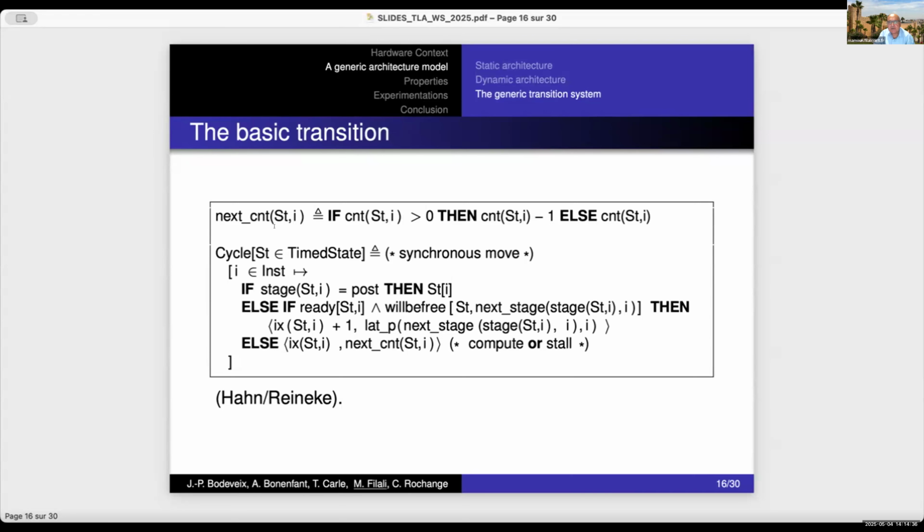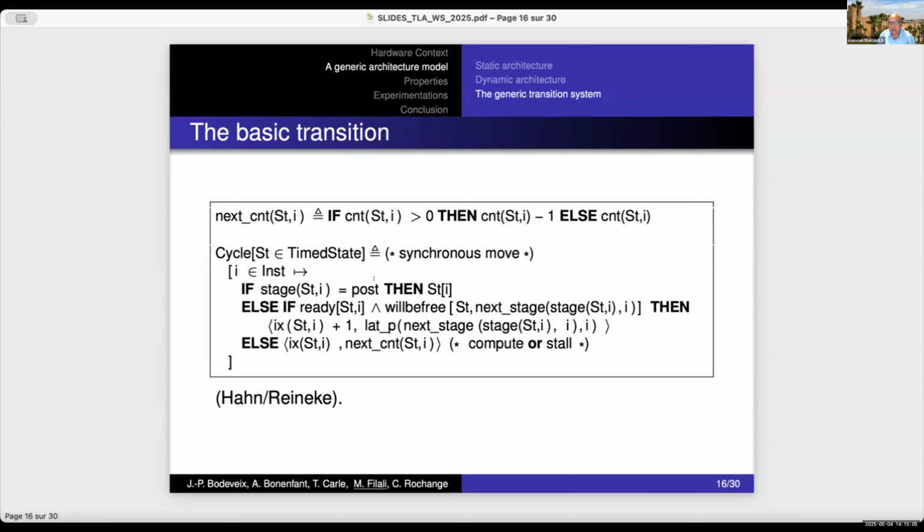Now we state what a move is, what a synchronous move is. So here we state for all the instructions, if the stage is post, then the instruction has reached the post state. There is nothing to do for this instruction, so it is a stuttering step for this instruction.